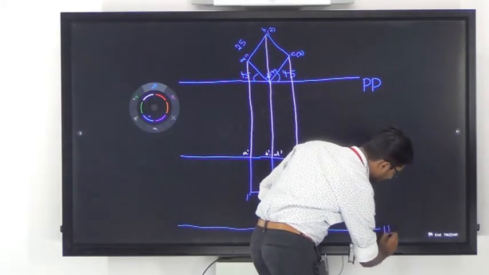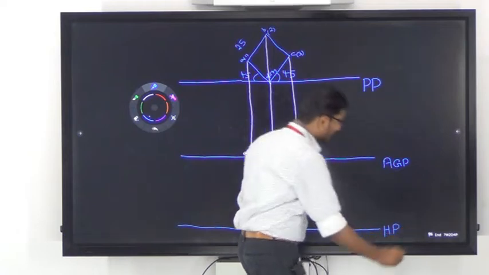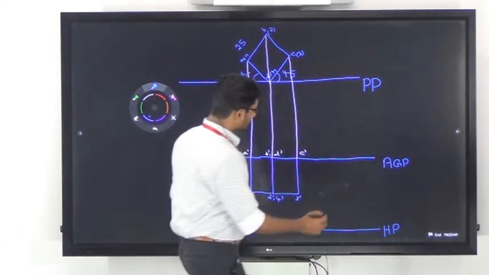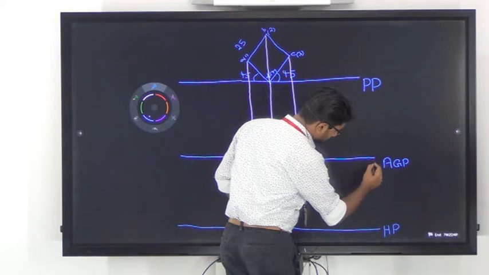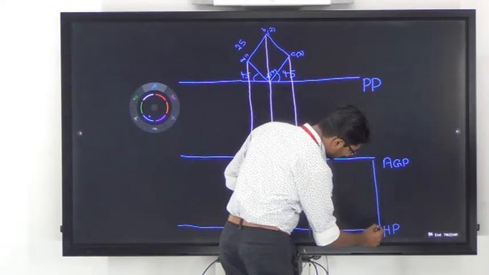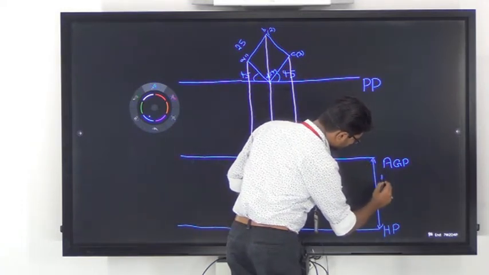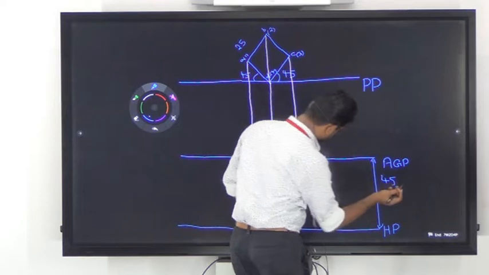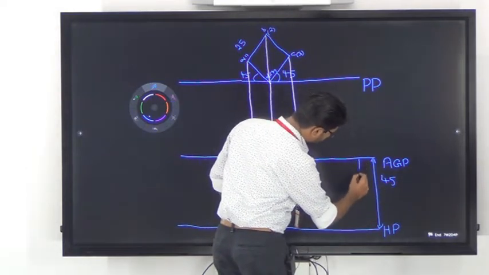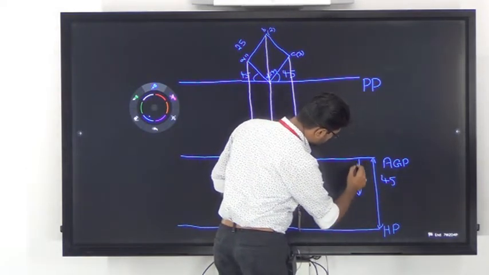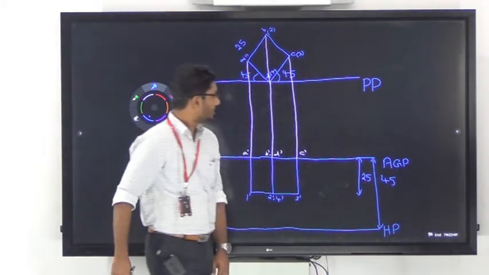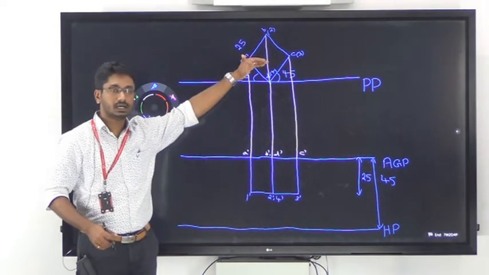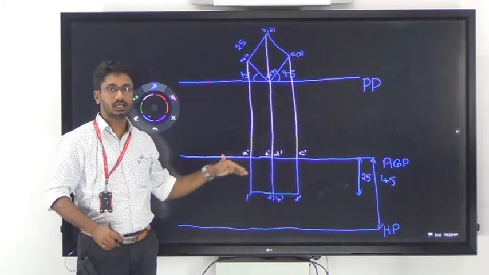So this is the front view of the horizon plane. So this distance is equal to 45 mm. And this one is equal to 25. So we have completed the top view and front view of the cube.